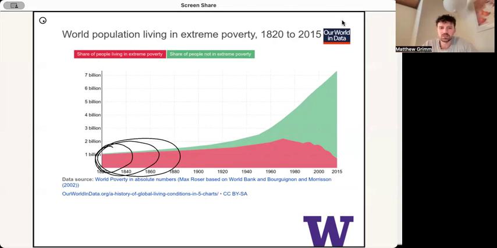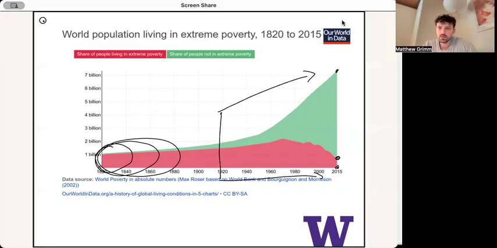That's because during this time you had a bunch of people that made near to nothing, and along with that, you had a few people that made a ton of money, right? Since the 1920s onwards, you see this trend decrease, where today, in 2015, the last metric that we have, there are more people not in extreme poverty than people in extreme poverty.